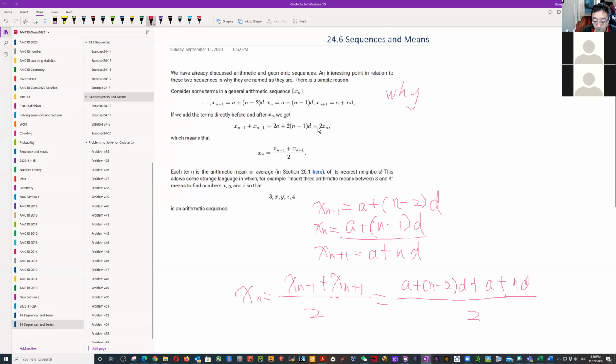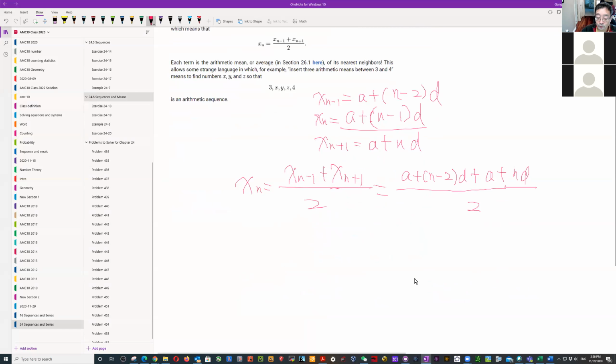And so we can tell that we have 2a, and 2a divided by 2 equals a. And here we can tell that we have 2nd, and 2nd divided by 2 is nd.